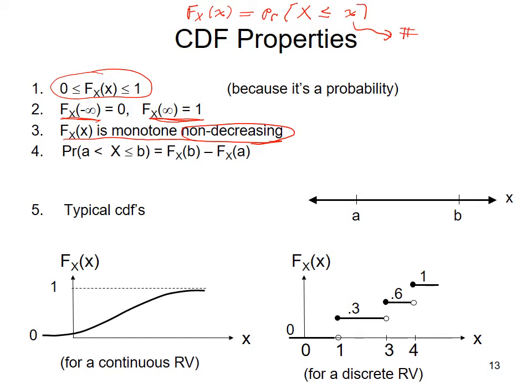Then probably the most important property is the way we use the capital F to evaluate probabilities.